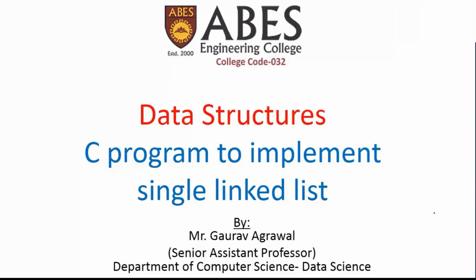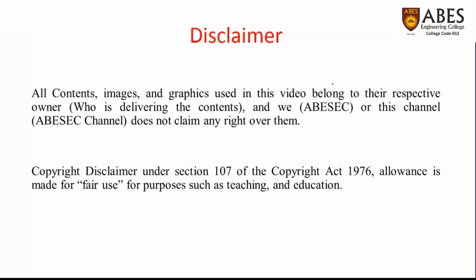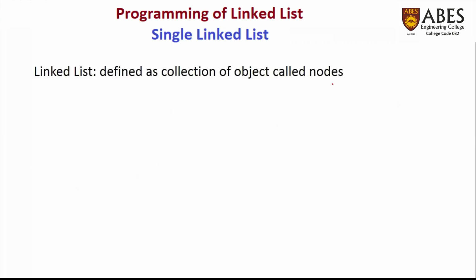Today in this lecture, we will discuss how to implement single linked list in C programming. Let us start our discussion by defining the linked list. A linked list is defined as a collection of objects called nodes.